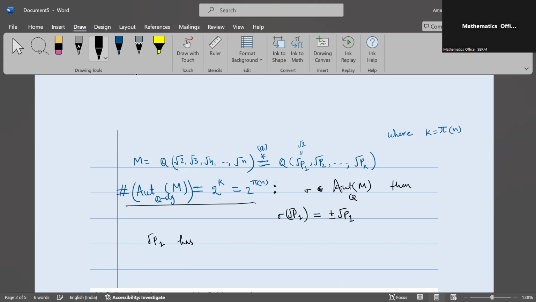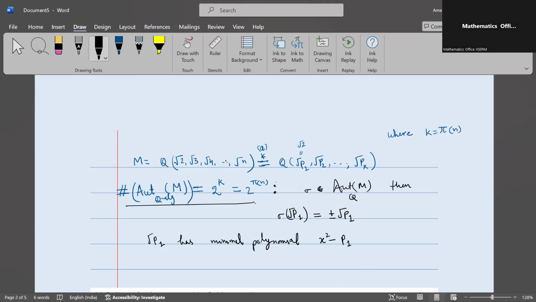root P1 has minimal polynomial x squared minus P1.